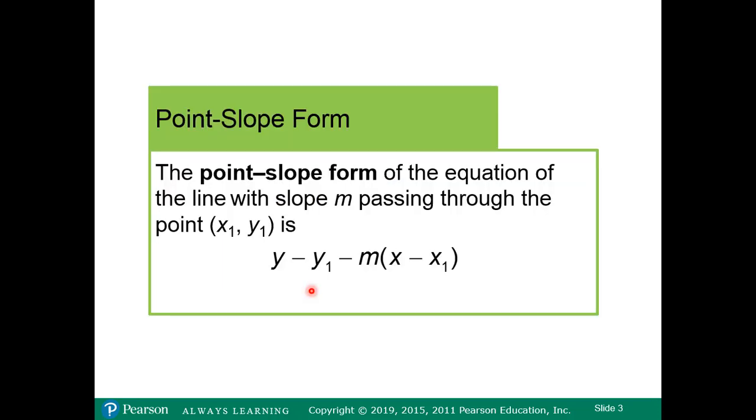So the point slope form, and the name kind of gives away what we need. To get the point slope form, we need a point and we need the slope. The point gives us our x1 and y1, and we have the slope. So the point slope form, oh, this is wrong. This should be an equal sign. This is a typo. So it should be y minus y1 equals m times x minus x1.